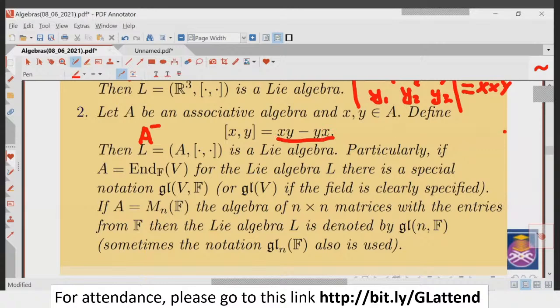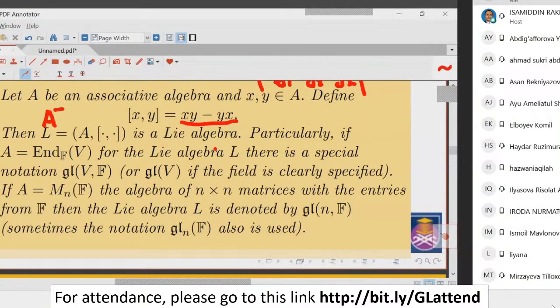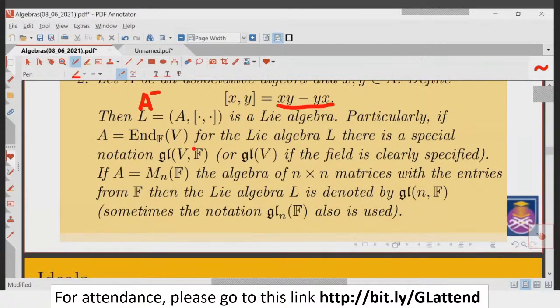So particularly, endomorphisms of a vector space form a Lie algebra with respect to this. For endomorphisms, you have the composition operation, so the difference of compositions gives this. That algebra is a Lie algebra.